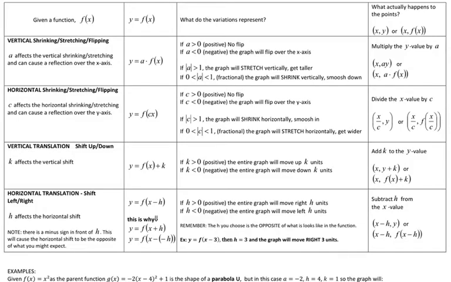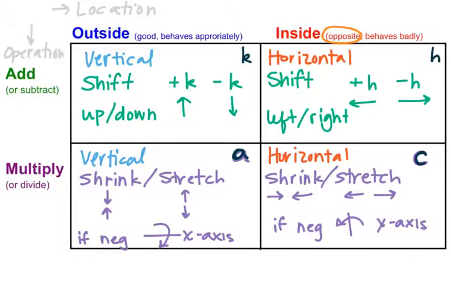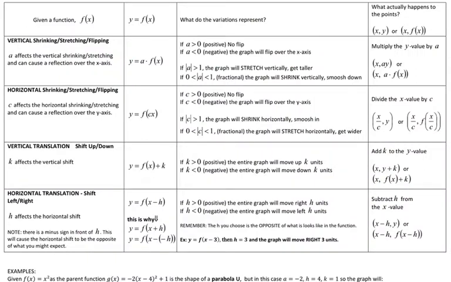Here you can see our more formal definitions the way you would see in the text. Essentially we have some function y equals f of x. In all of these situations, we have a times f, f of c times x, f of x plus k, and f of x minus h. So a, c, h, and k, those same values, come into play.